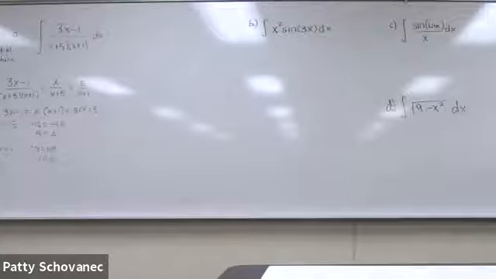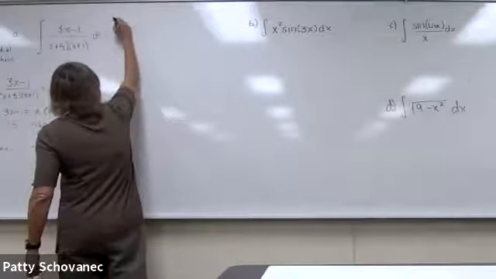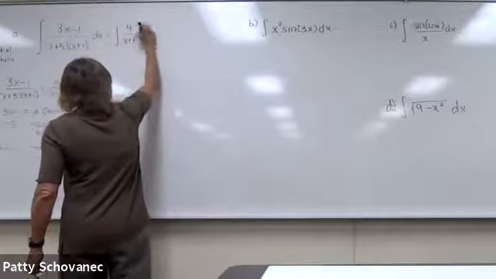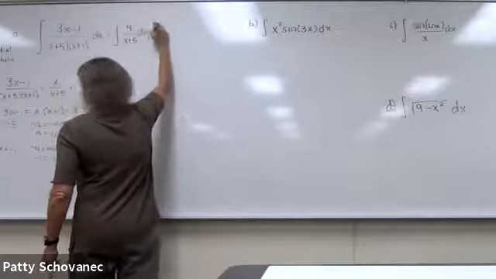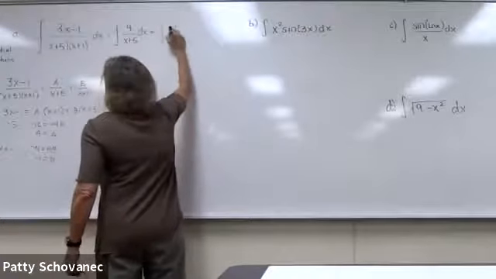Did you get A as 4 and B as negative 1 as the numerators? So I got A to be 4, that's the numerator of the x plus 5. And then negative 1 is the numerator of the x plus 1.